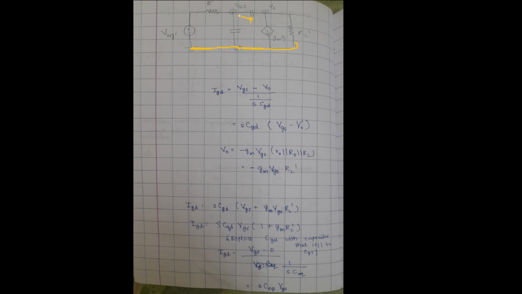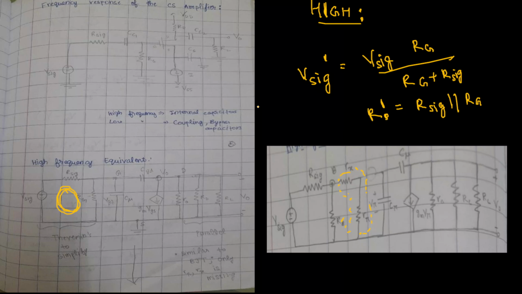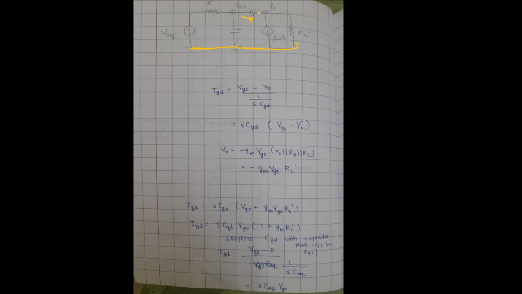So that is given by VGS minus V0, where V0 is the output voltage, divided by the impedance 1 over S CGD, right? So VGS minus the output voltage divided by the impedance here gives the expression for IGD.